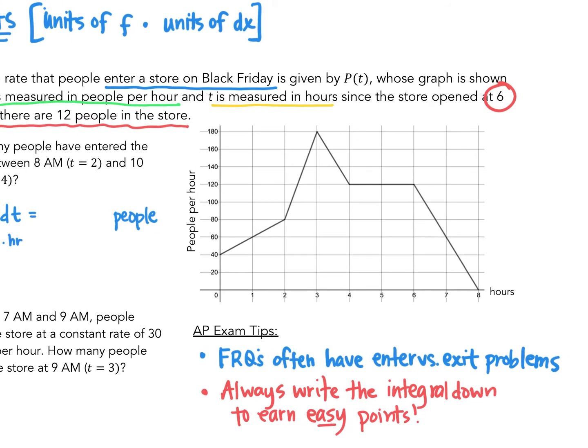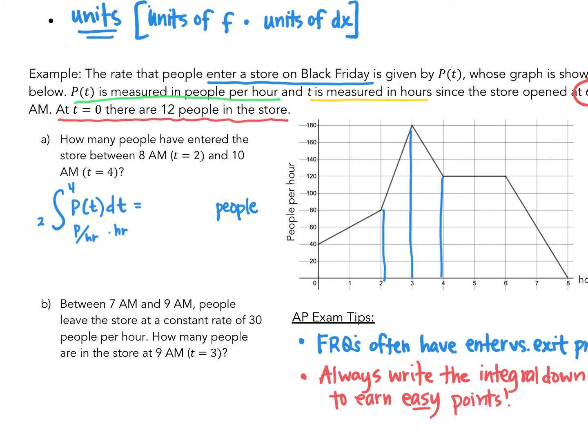So we're looking at 2 to 4. We've got one trapezoid next to another trapezoid. So we're going to do a couple trapezoids here. We're going to have 1/2 of the base times 1, and the heights of 80 plus 180.